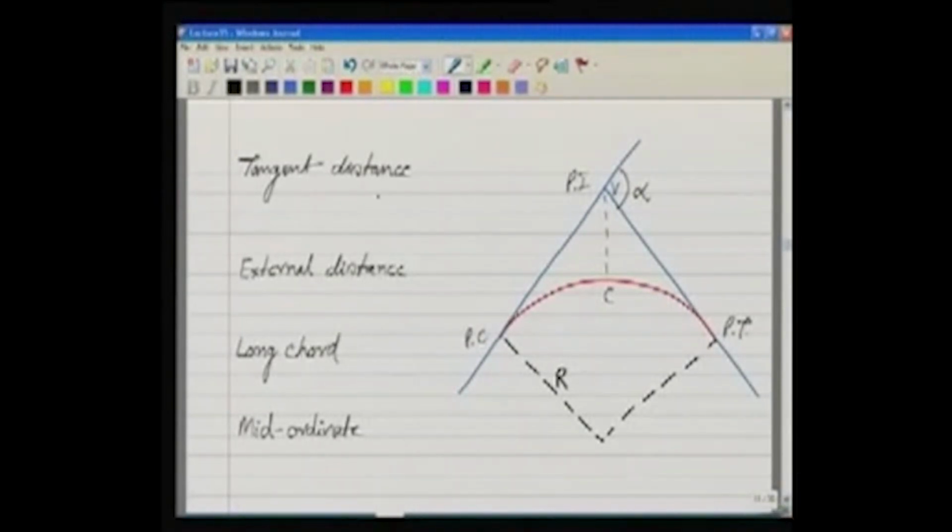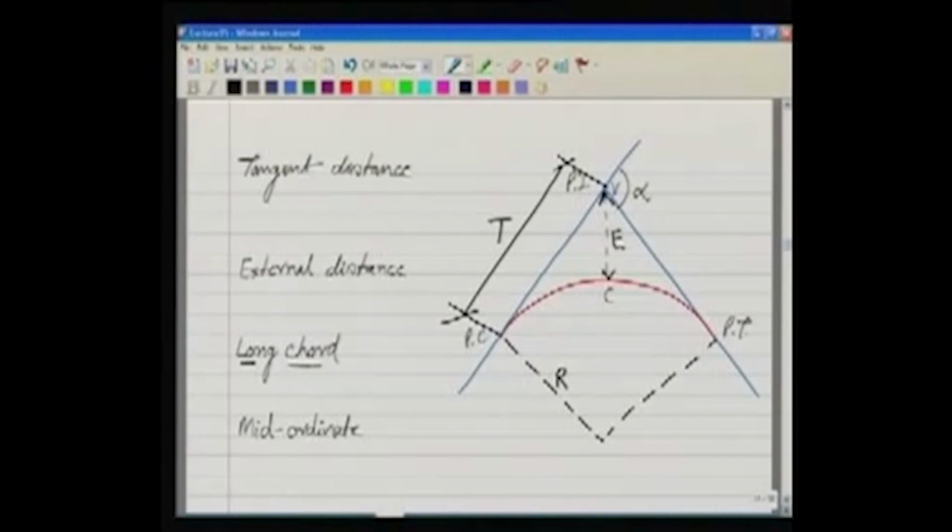Then we have tangent distance. What is tangent distance? The distance from point of curve to vertex. This distance is capital T. We represent it like this, and this is called tangent distance. Then external distance is the distance from vertex to the middle point of the curve. This is the external distance. Then we have a term called long chord.